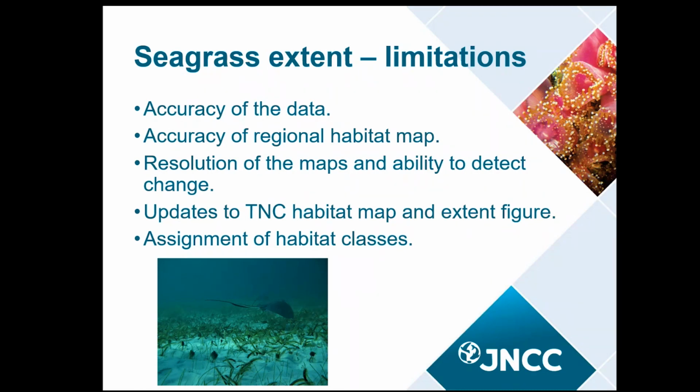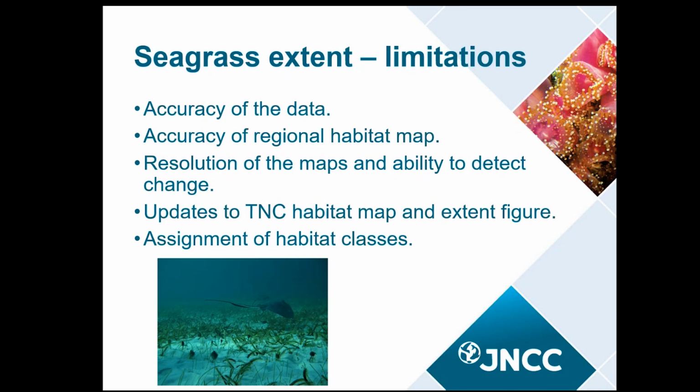Other things to consider are how often the habitat map is updated. It would need to be regularly updated in order to start to produce any kind of trends, or look at how things have changed across time, and that wouldn't be possible unless there are regular updates to the map. And then also, as already mentioned, the assignment of habitat classes. How accurate is that assignment?